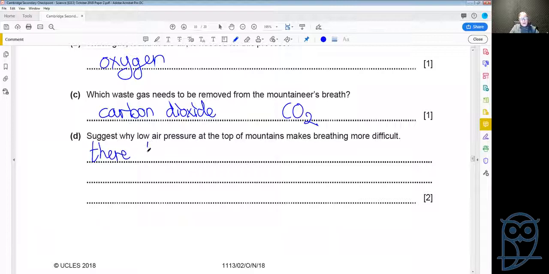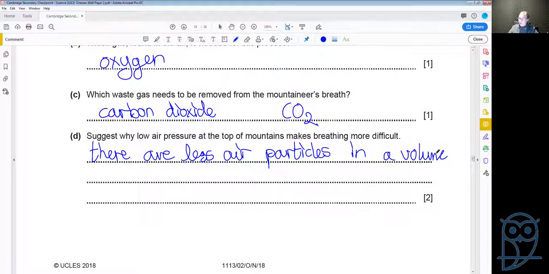So here we can write, there are less air particles in a volume of air.